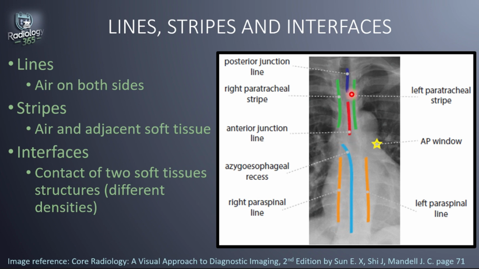If we follow the trachea here, bifurcating here, so this is the trachea, looking just below the carina all the way down to the diaphragm, we should see the azygoesophageal recess there, again also dependent on the quality of the radiograph you are looking at. When you have distortion of the azygoesophageal recess, it may be due to an esophageal mass, hiatal hernia, left atrial enlargement, and adenopathy as well.